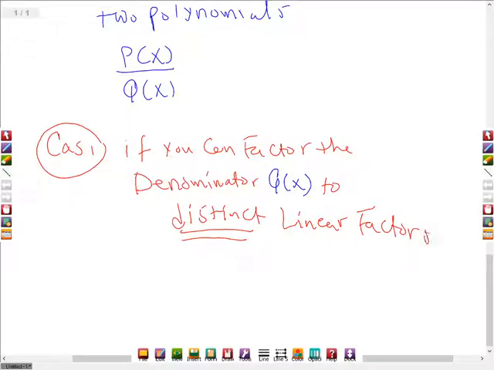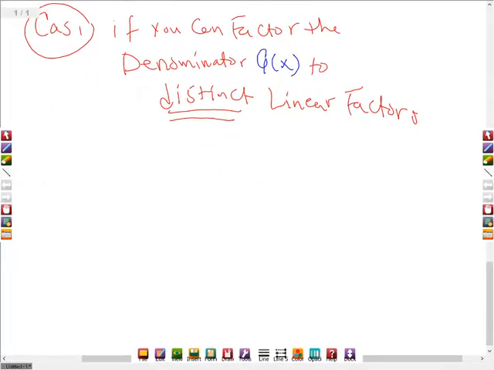I'm going to show you an easy example. I'm also going to add another condition for this one.